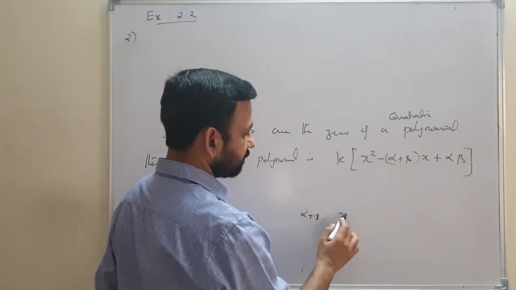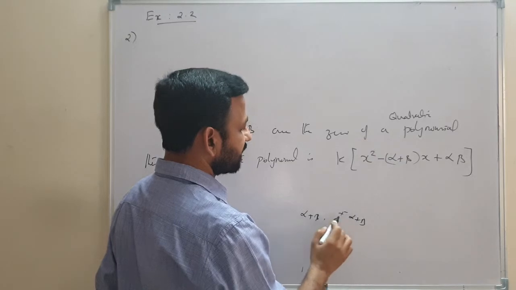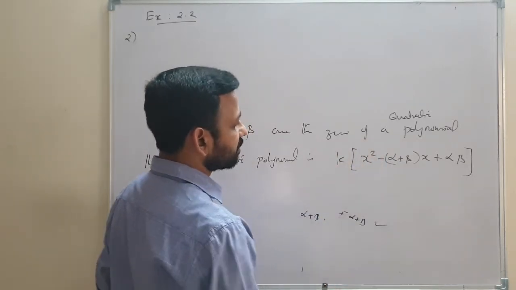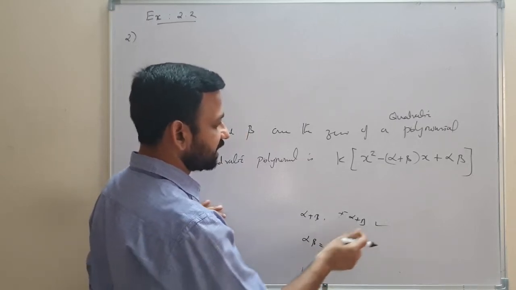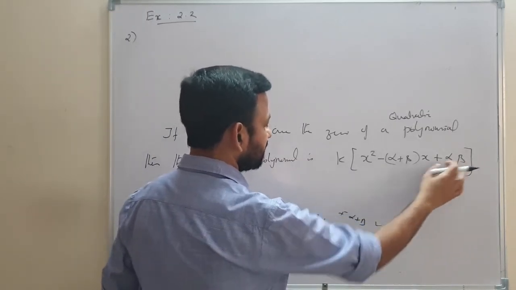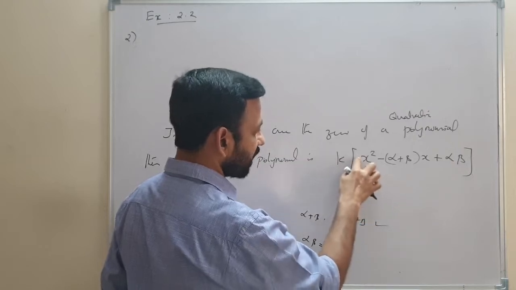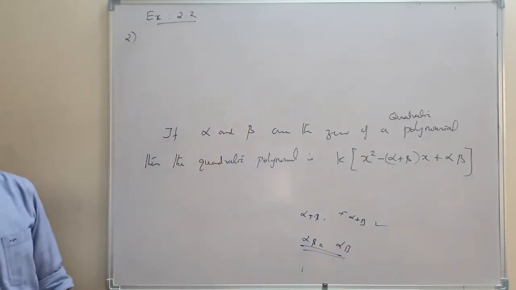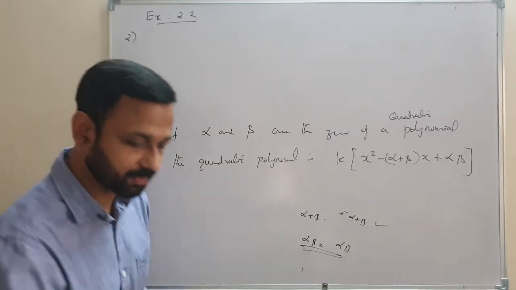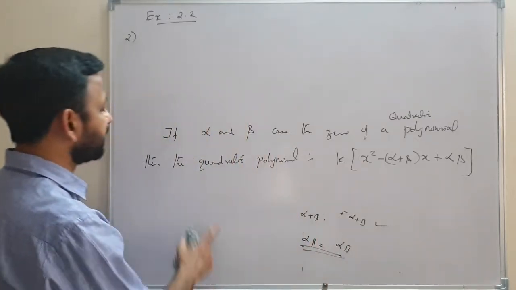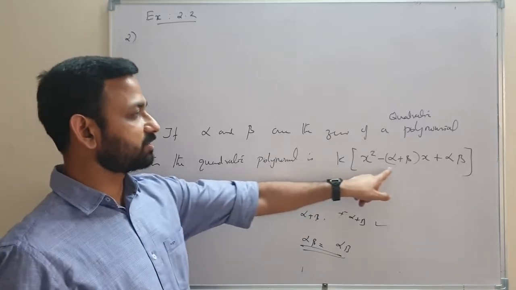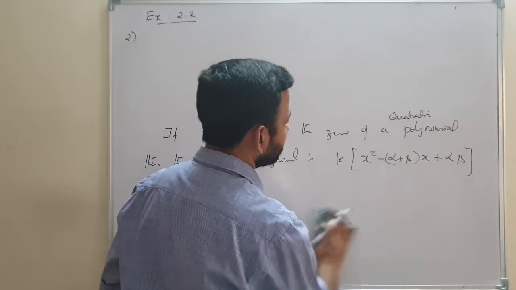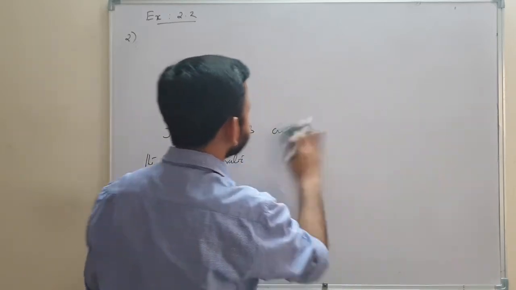That is correct. And the product of the zeros, alpha beta, is c by a. So here c is alpha beta upon 1, that is also the same. So if alpha and beta are the zeros of a quadratic polynomial, then the quadratic polynomial is k into x square minus alpha plus beta into x plus alpha beta. So k can be any real number.